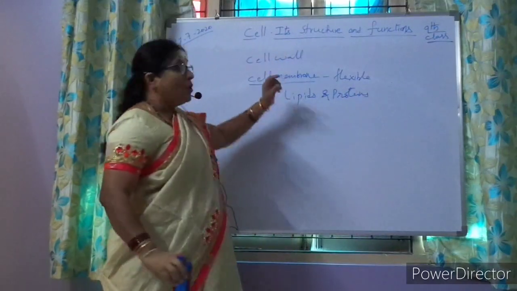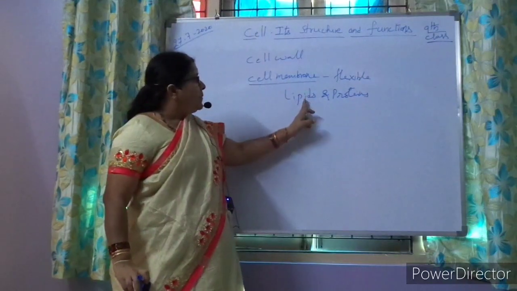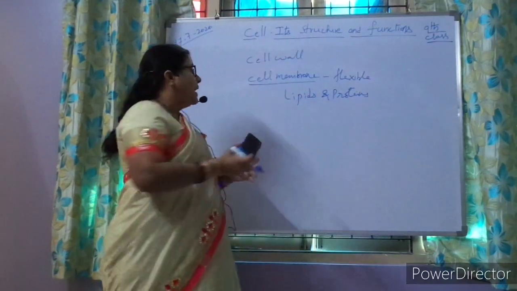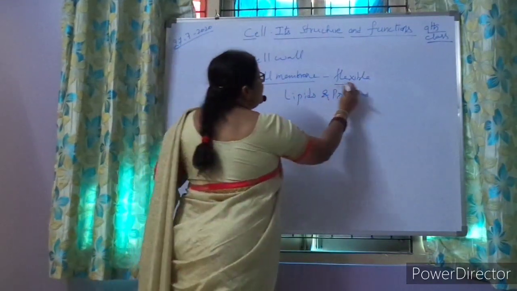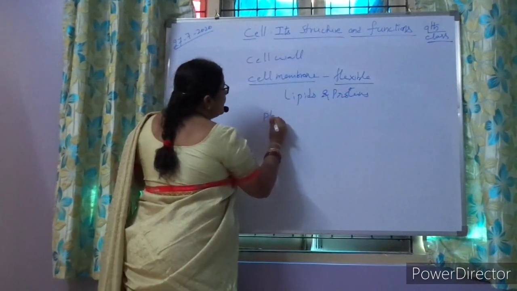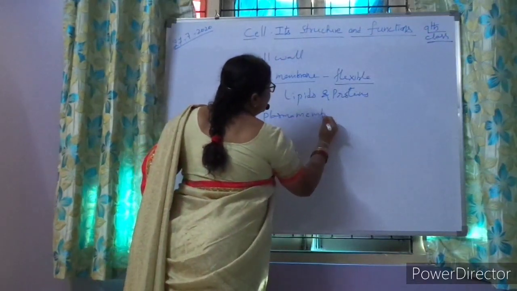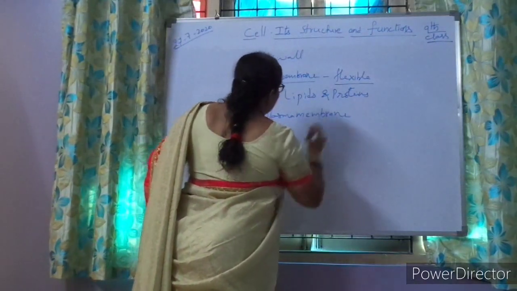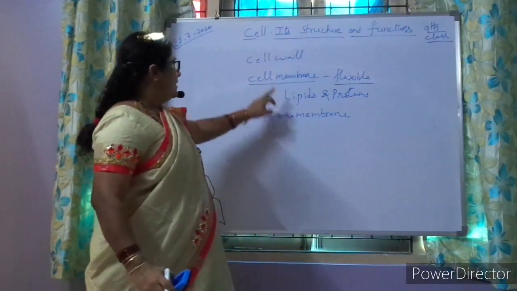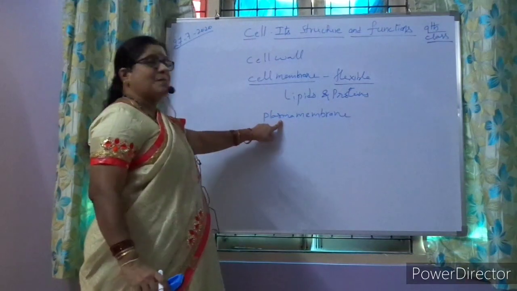The cell membrane is the outermost covering of the cell, it is flexible in nature, and it is also called a plasma membrane. Which cell organelle is called a plasma membrane? You know that it is the cell membrane. So the cell membrane is also called the plasma membrane.